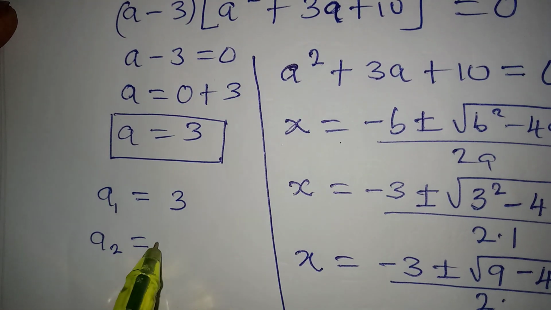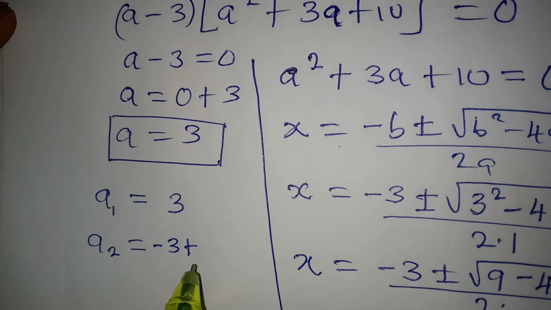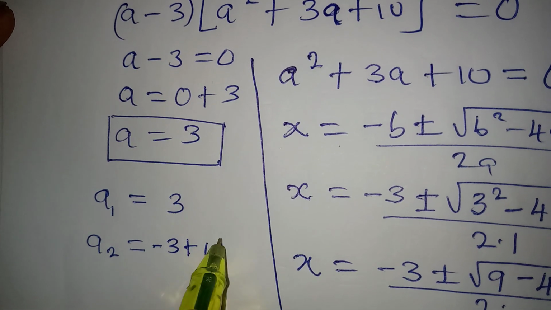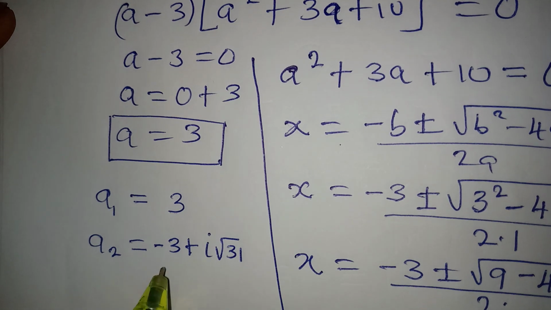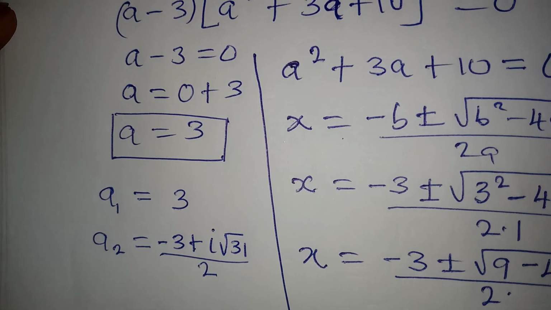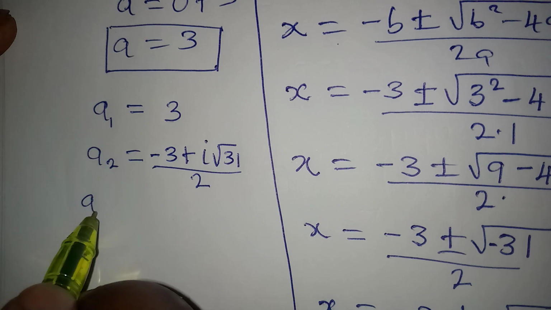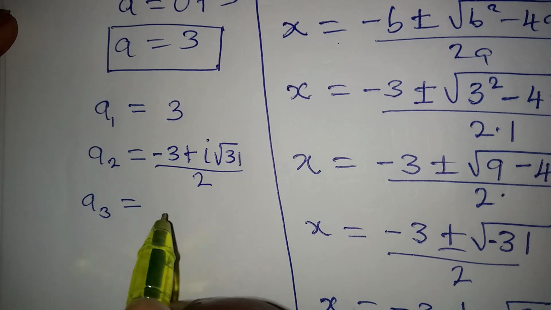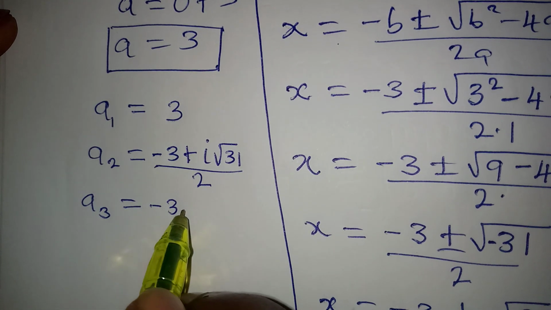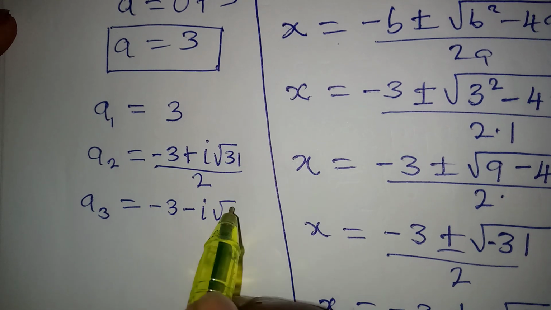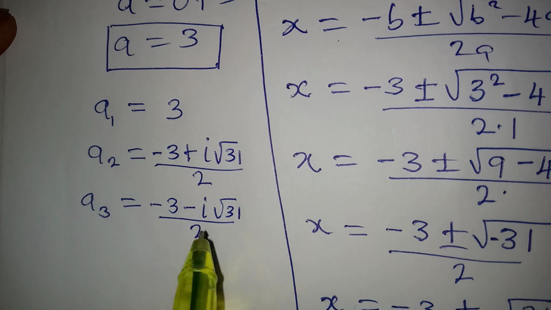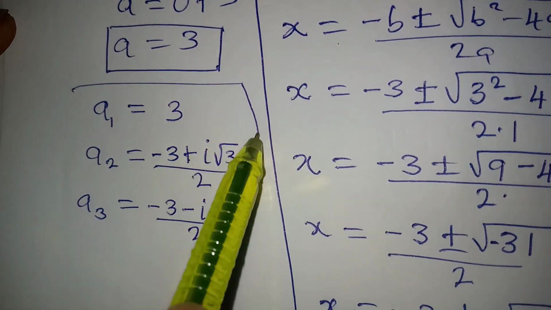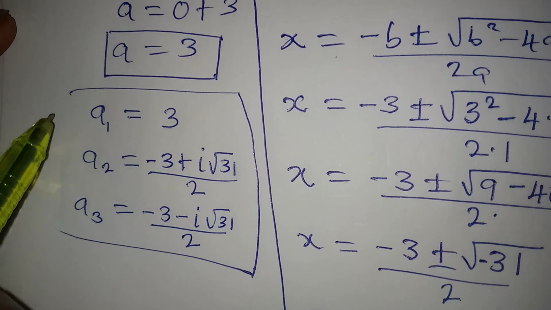Okay, we're going to have minus 3 plus I square root of 31. Remember, the I is no longer under the square root, and we divide by 2. And then our a3 will be equal to minus 3 minus I root 31, and this is over 2. So these are the 3 solutions to the equation.